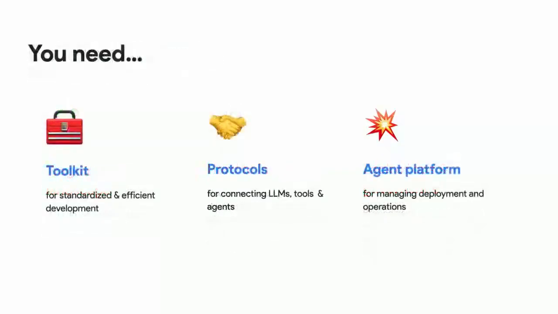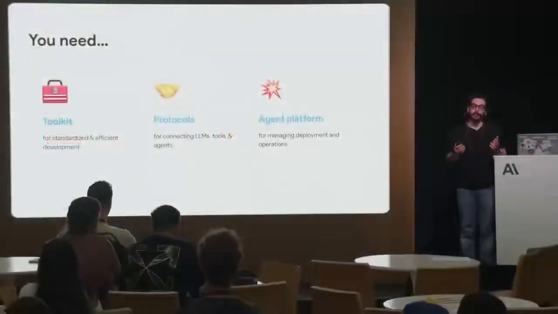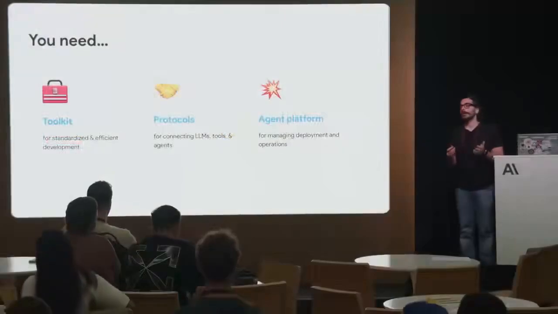That's when you want to get access to a toolkit, protocols, and an agent platform that allows you to standardize the way you build your agents and scale them to production. And to give you this kind of tooling, we put together this agentic stack using ADK, MCP, Agent Engine, and A2A, which will allow you to confidently build agentic systems and scale them in production as required.